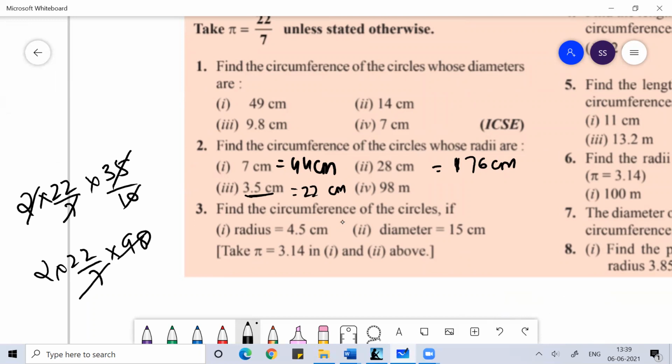So this is 14, no? 14 sevens. So this is 28 into 22. 28 twos are 56, 660.